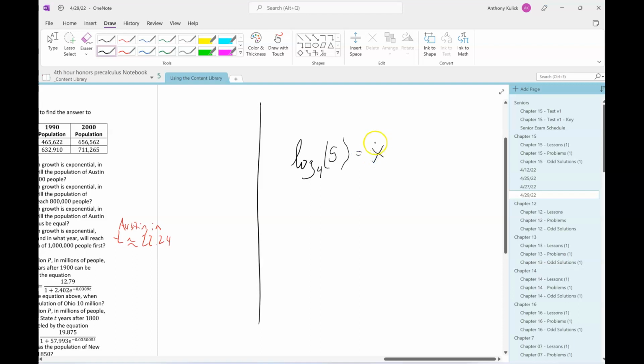So the way we put that without a log, it would be 4 to the x power equals 5. Is that it? Yes, that is the equivalent exponential equation. Okay. And now, what would it look like if you didn't have anything in the parentheses?